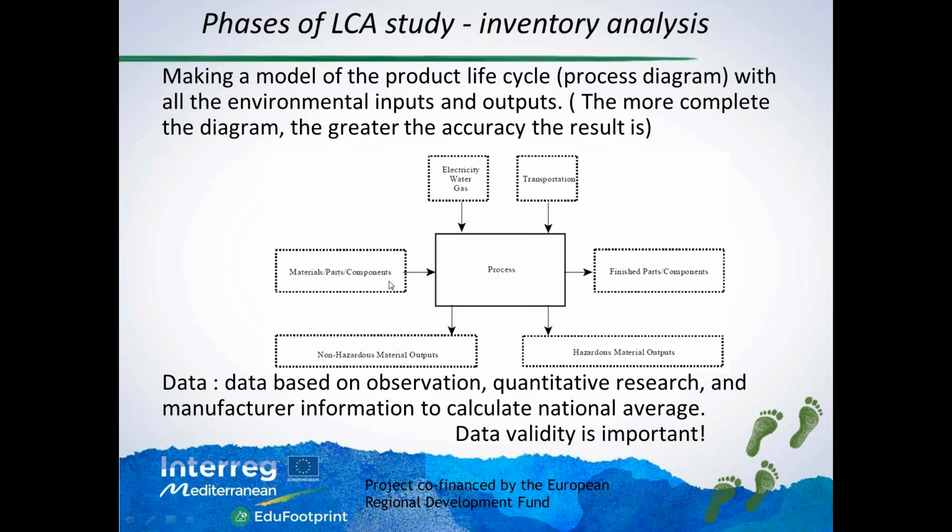And you have to define the process you are studying and identify all the inputs: water, gas, electricity, materials, components, transportation, and then define all the outputs: finished parts or components, because only the semi-finished products are to be considered, hazardous materials outputs, and non-hazardous materials outputs, I mean emissions to air and water.